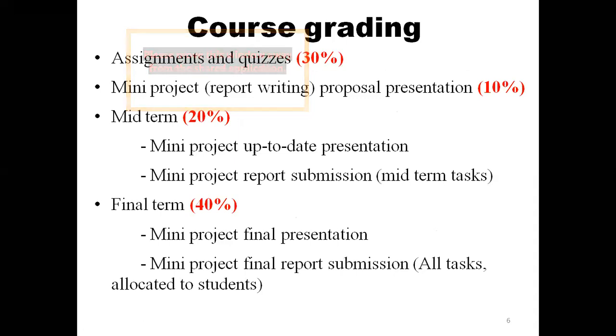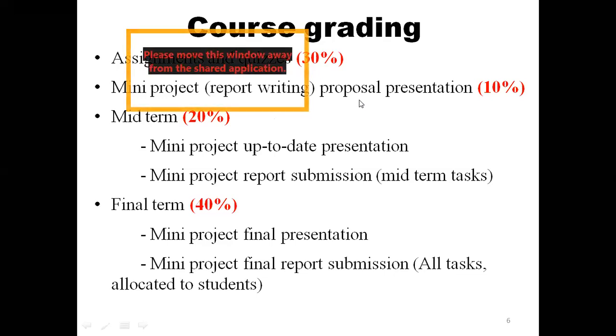The grading criteria for the course: assignments and quizzes are 30%. Mini project, which is report writing. Initially, you have to do the proposal presentation. It is 10%, which would be in the 6th week of the teaching of the course.